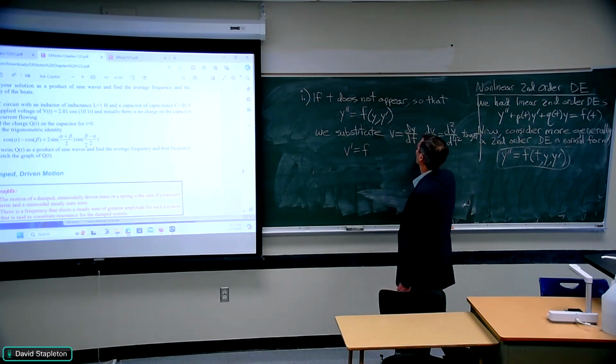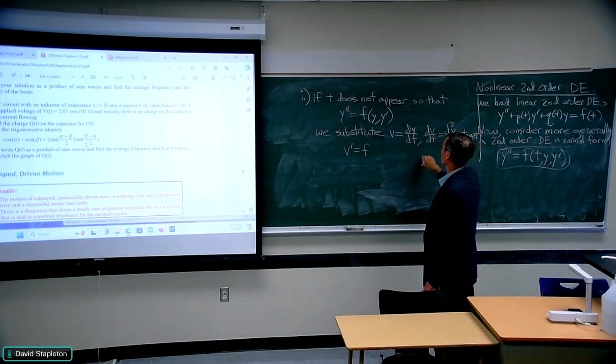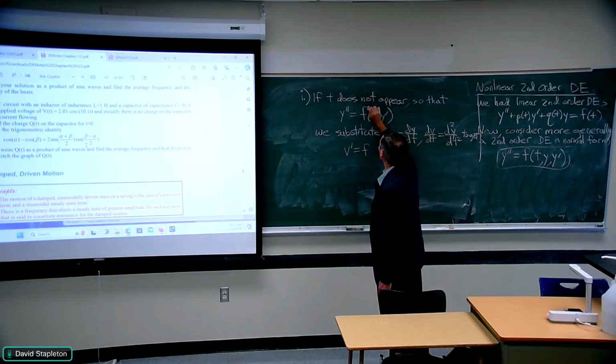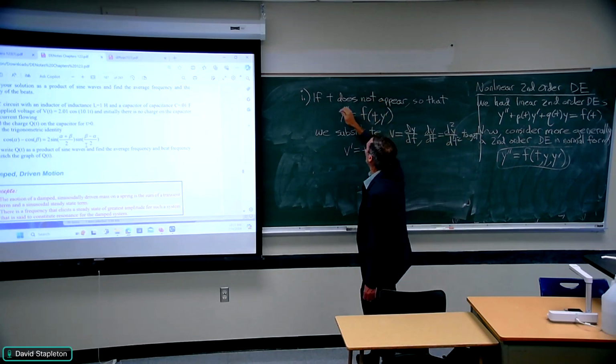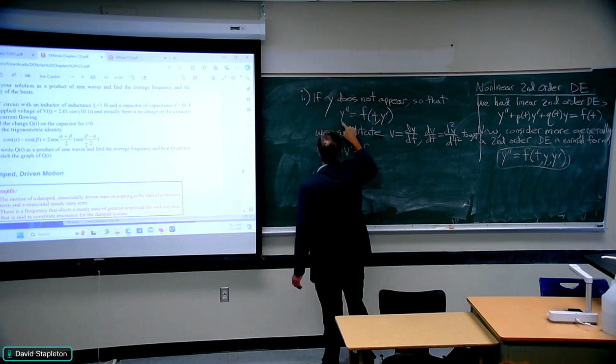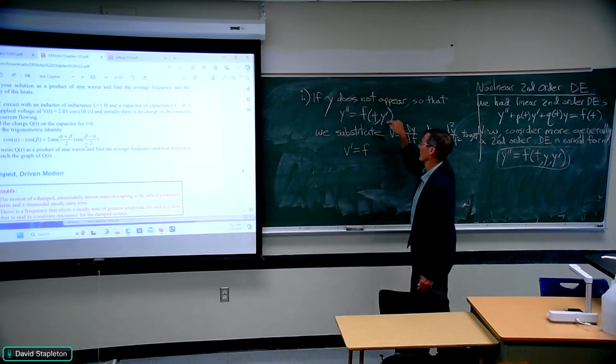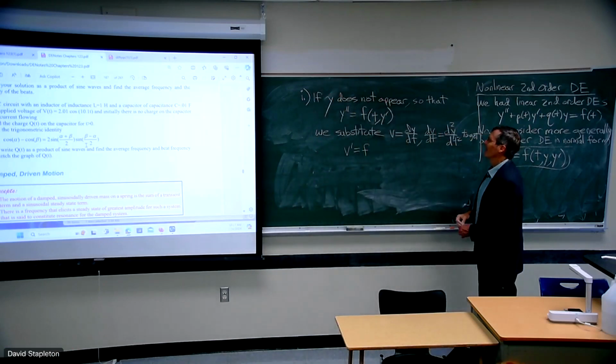I put the wrong one first. This should be t here. If y does not appear explicitly, it's still in there because of its derivative, but it doesn't appear explicitly at least.